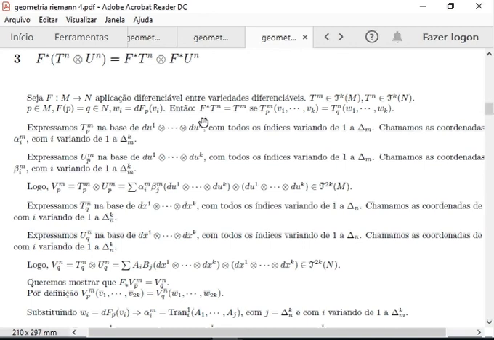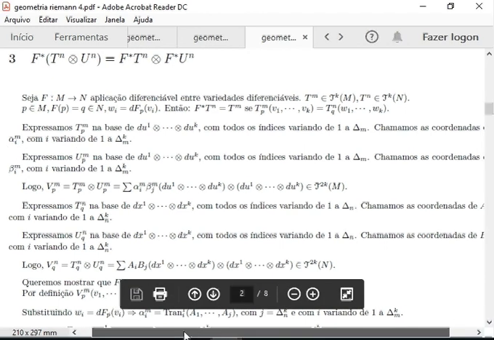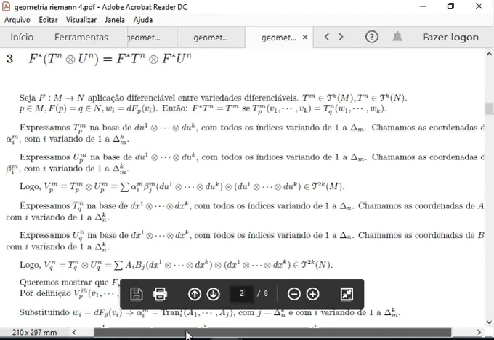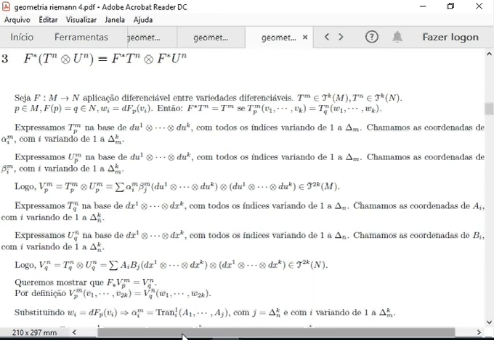Therefore, F pullback Tn equals Tm if Tpm equals Tkn. We express Tpm in the basis du1, duk, and we call the coordinates alpha im.